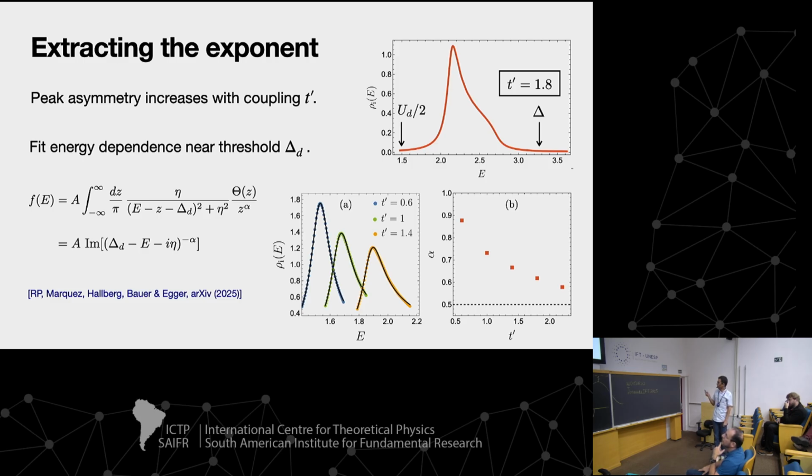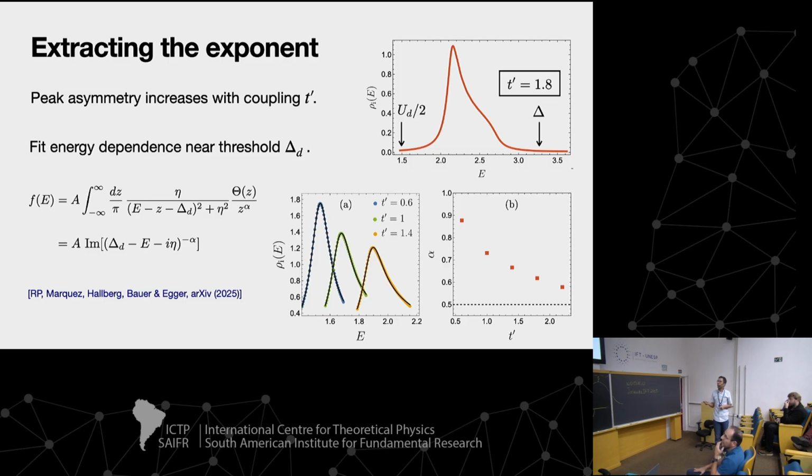And then here I'm showing the result for T prime equals 1.8. You can see that already this peak is very asymmetric, so this is not a Lorentzian. It could be some kind of power law exponent here. And to extract the exponent, we compare the numerical results with a broadened version of the power law singularity. It's basically a convolution of the power law with the Lorentzian with the width that we know.